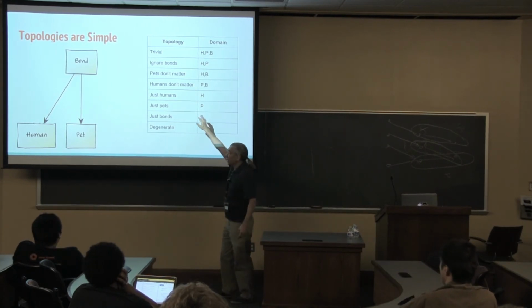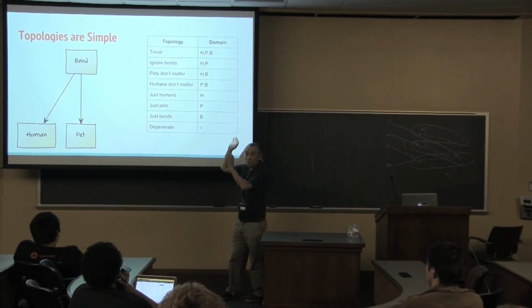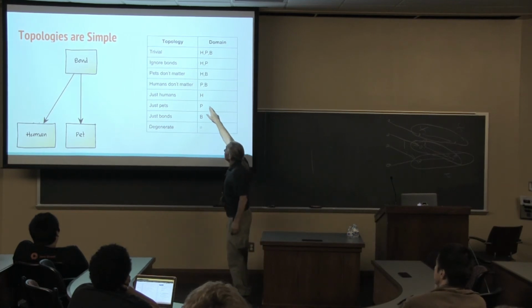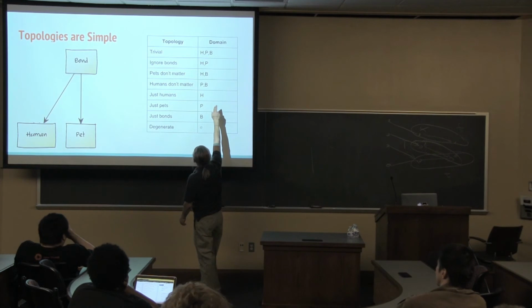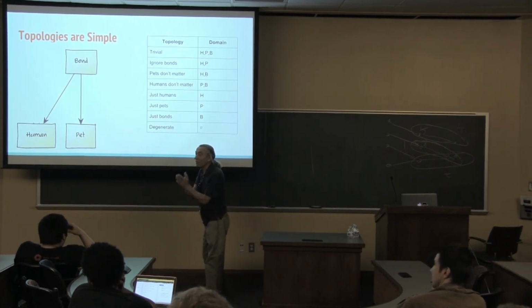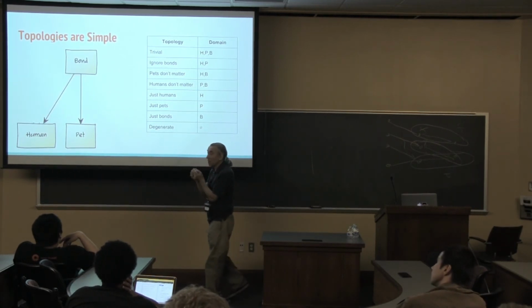If it's a good bond, we don't care about humans and pets, but basically we'll have only good humans and pets. Or we can care only about pets or humans, or pets and bonds, and humans don't matter. So you have 8 different topologies? Yeah. There are 8 different logics, kind of, right? Sublogics.